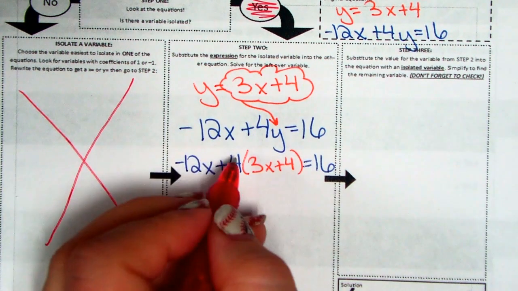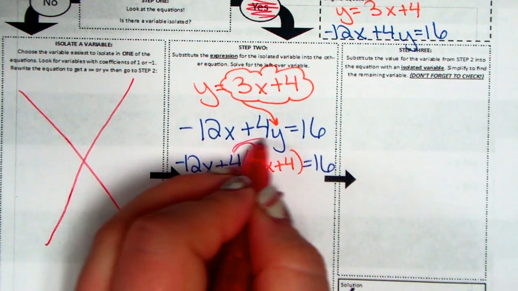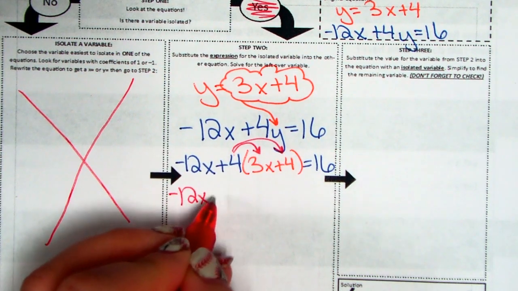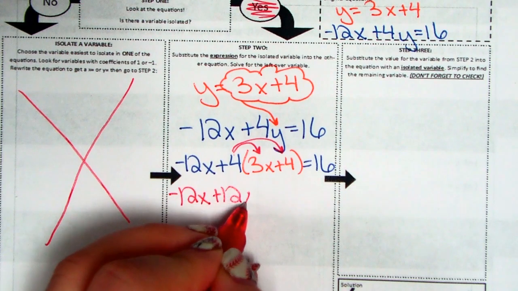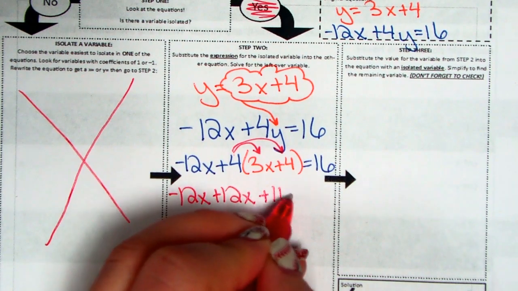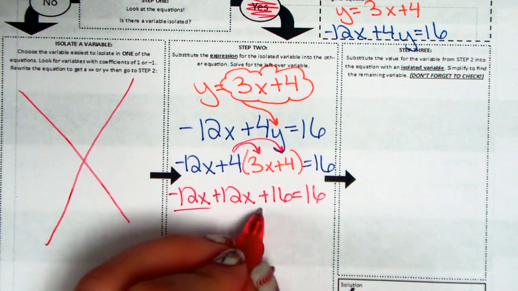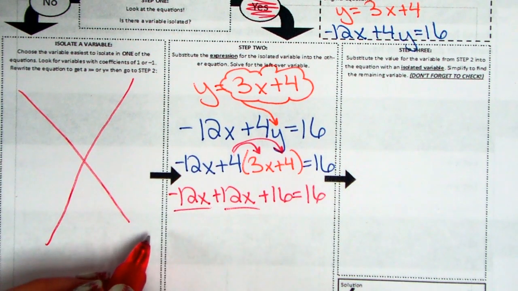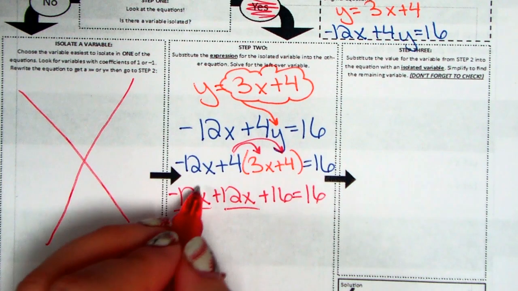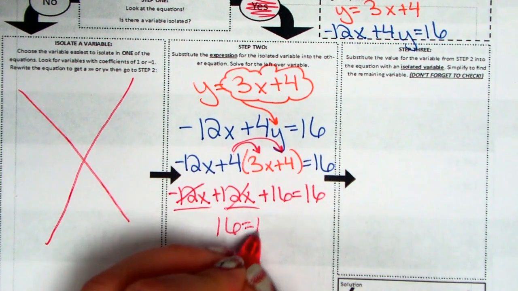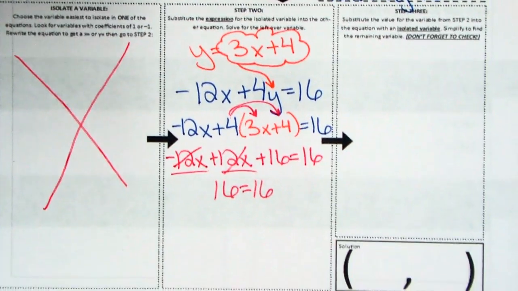So to solve this, we'll need to distribute the 4. Negative 12x plus 12x plus 16 equals 16. Combine like terms. Negative 12x plus 12x, that cancels. And that leaves us with just 16 equals 16.